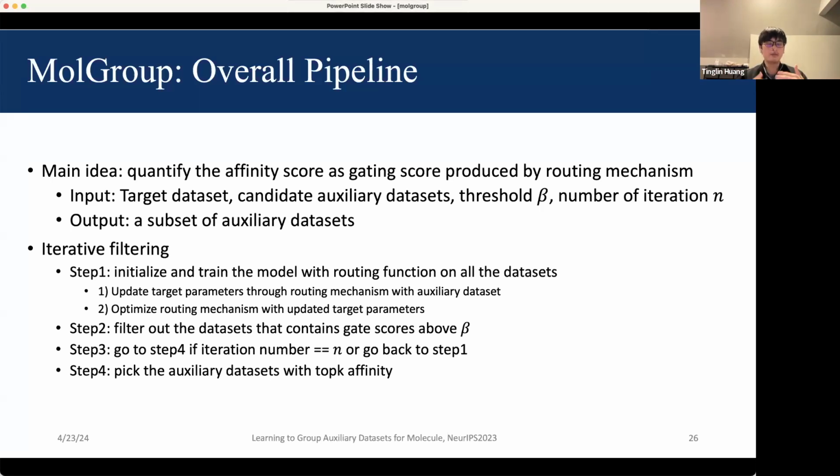Then after training the model for a few epochs, we filter out the data sets according to their calculated gating score, and we repeat this process until we have the top K auxiliary data sets. So here is our proposed framework.